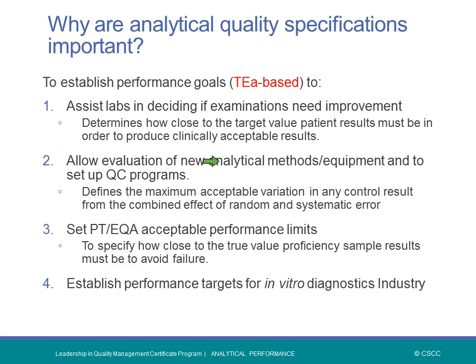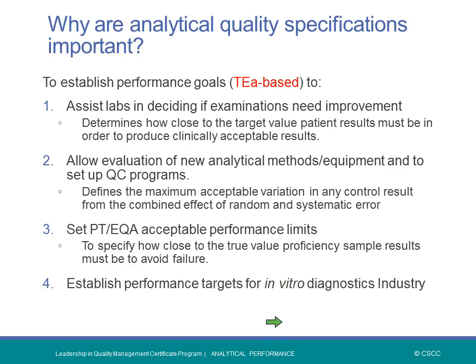Certainly of value if you apply it in developing good quality control programs. It's used by PT and EQA providers to determine acceptable performance limits as well. And of course, these things can serve as targets, especially those that are biologically based and based on outcomes, for developing new tests and instrumentation.